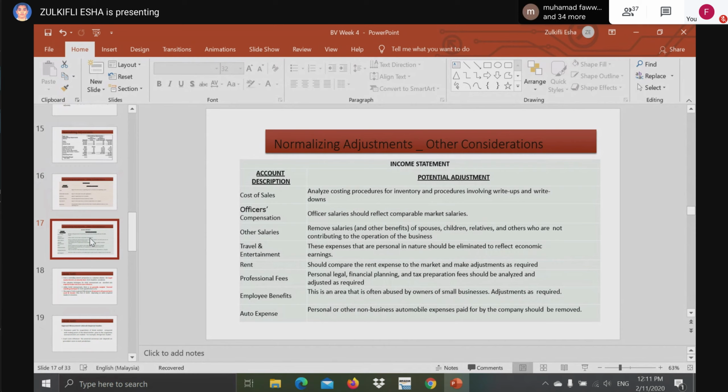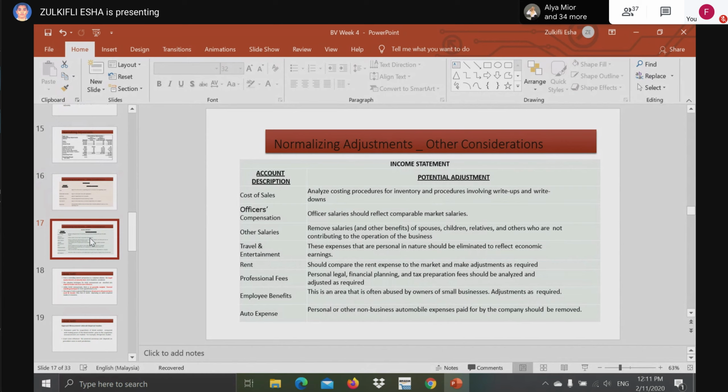Same with your rent, professional fees, employee benefits, and so on. Some companies may have better employee benefits as compared to other companies within the same industry. So the reason or the logic behind why we need to do the normalizing adjustment is to make sure that our company is at par, or at the same level, with other competitors within the same industry.